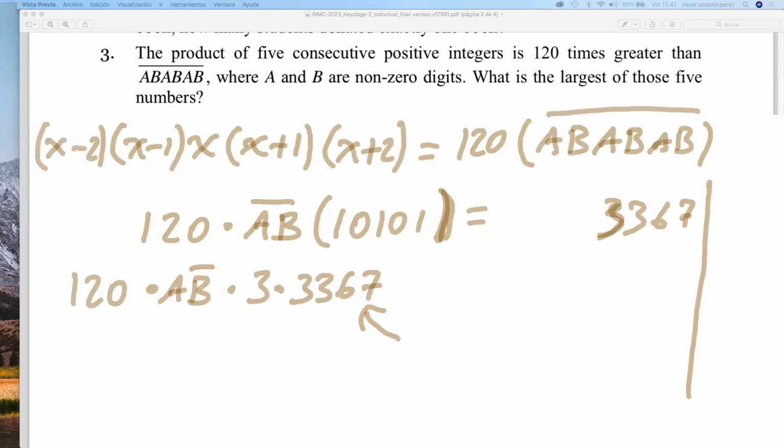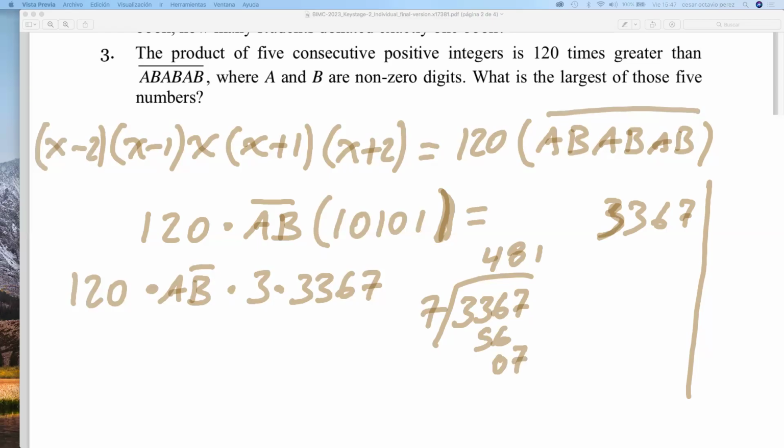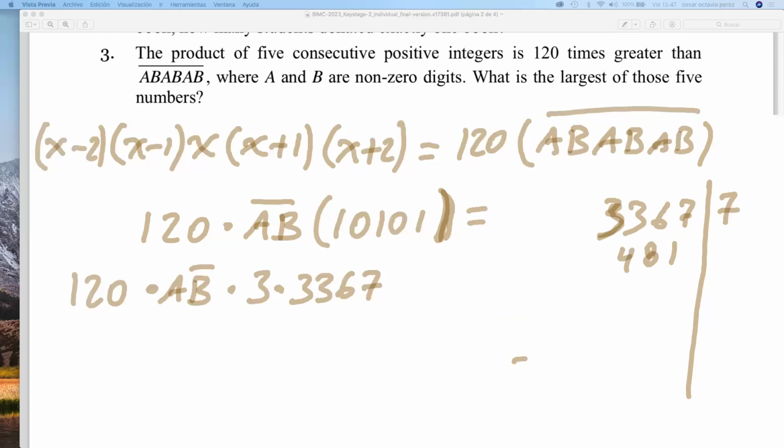Okay, let's try with 7. 3367 divided by 7 is 481. We have 7 and 481. Now we need to factor 481.